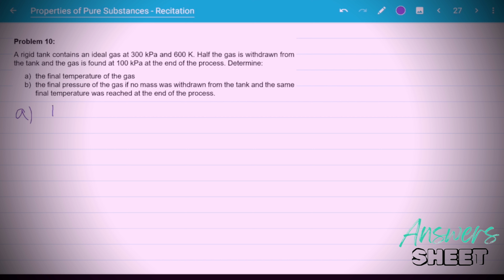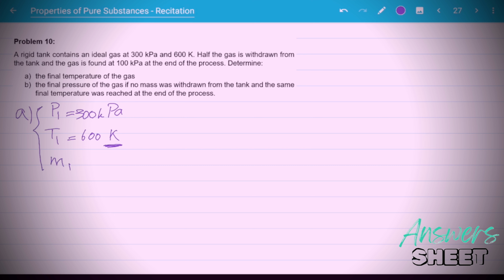What do we know? We know that at the initial state, P1 is 300 kilopascals, and temperature is also 600 Kelvin. Now, please pay attention that when using the ideal gas equation, you always need to plug in temperatures in Kelvin units, okay? And the mass is M1.